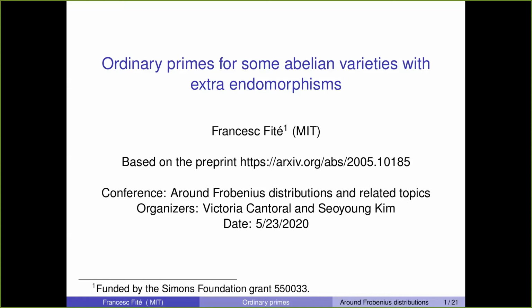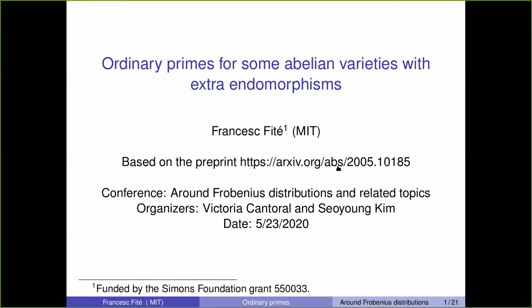And finally, I will present some new results that I could obtain in dimensions essentially 3 and 4 when the abelian variety is special, when it has some extra endomorphisms. This third part of the talk will be based on a preprint that is now on arXiv, and you can see the link here.